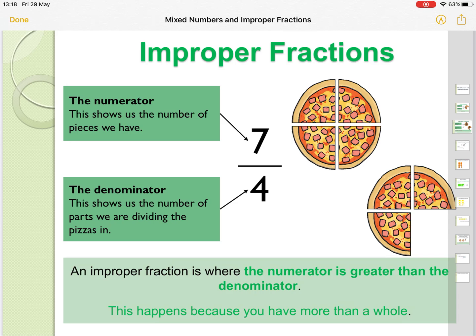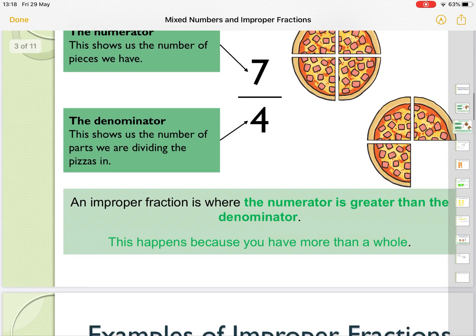The 7, the numerator, refers to the number of parts that I ate, which are colored in, and the 4, the denominator, refers to the number of parts that the whole is divided into. Each pizza here is divided into 4 parts, so that's why the denominator is 4, okay? So let's repeat. It is an improper fraction because the numerator now is greater than the denominator.